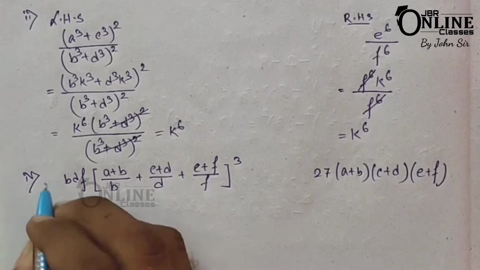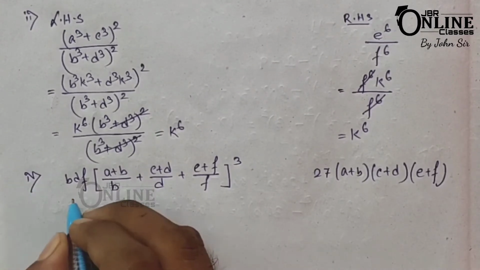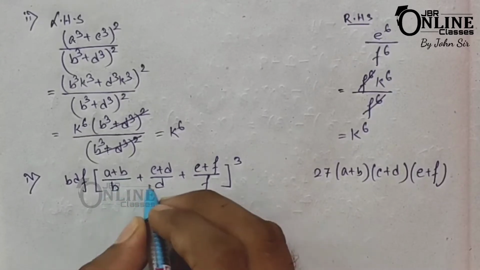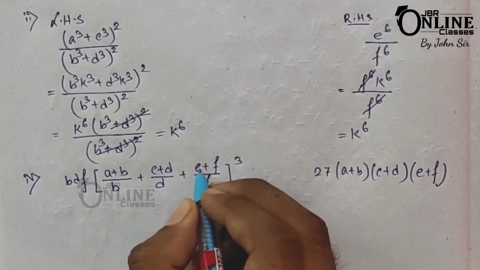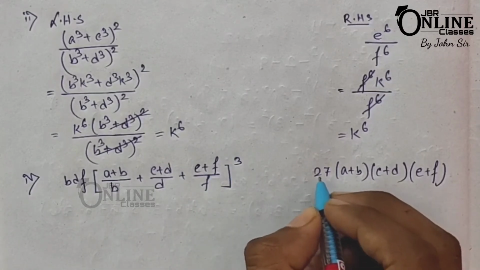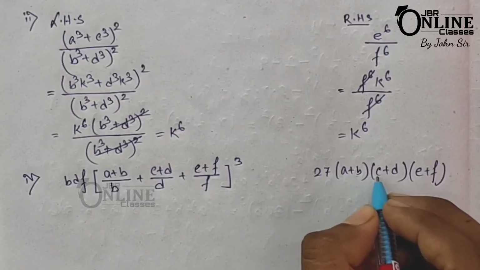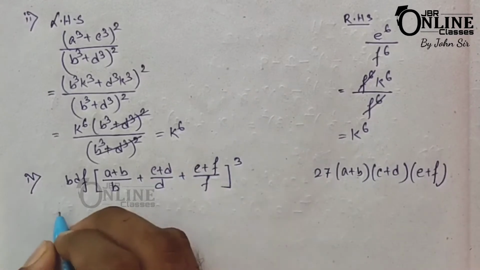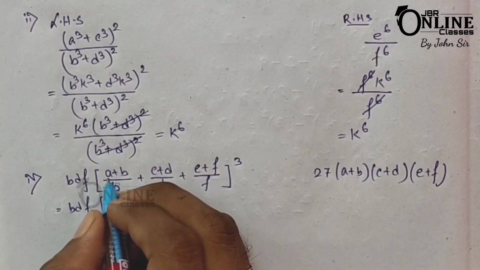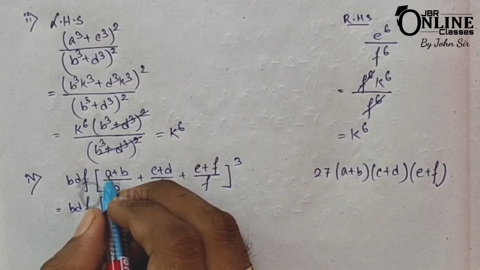Now next here, the 17.4. So here bdf into (a+b)/b + (c+d)/d + (e+f)/f whole to the power cube, that equals 27 into (a+b)(c+d)(e+f). So first write down here b, d, f, and then if you put down the value of a, that will be bk.